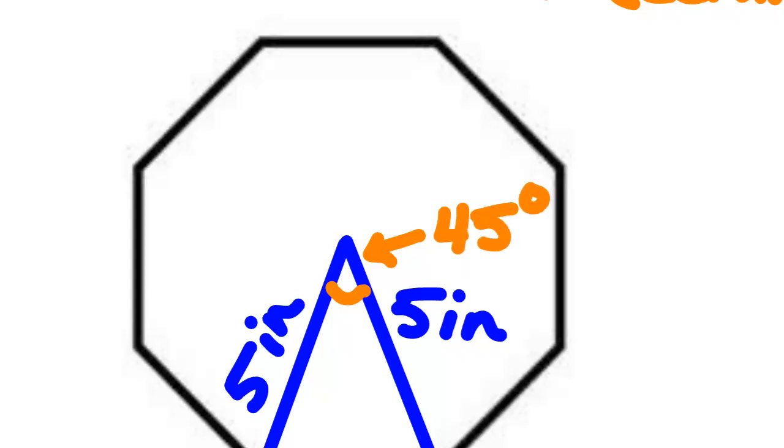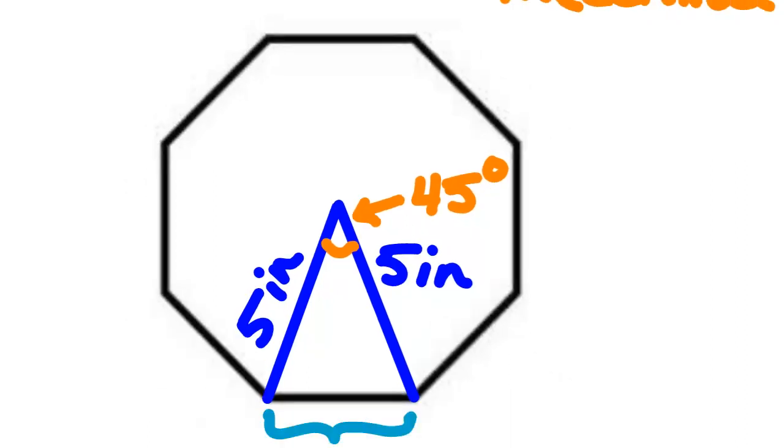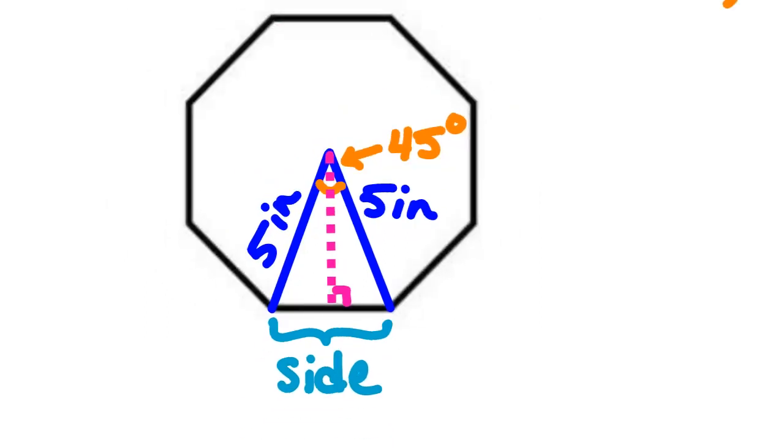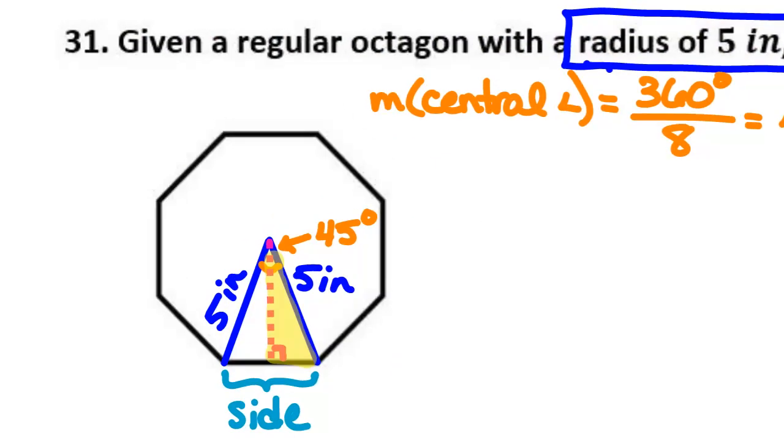To find this half side length, I'm going to need to take my isosceles triangle and cut it in half. That dashed line there is the apothem. It's going to make a right angle with my opposite side. And so now we are going to focus on just this little right triangle here. I'm going to draw that off to the side.